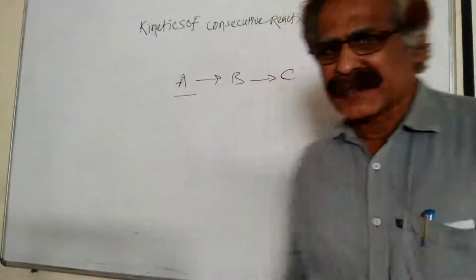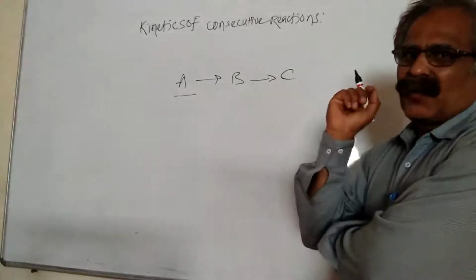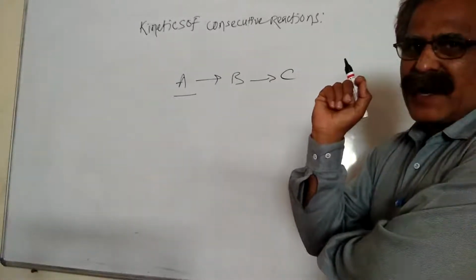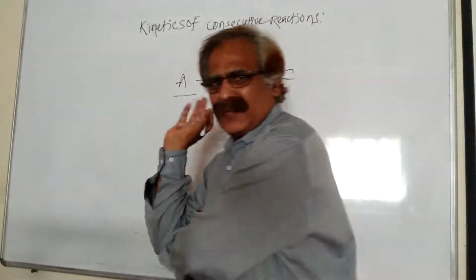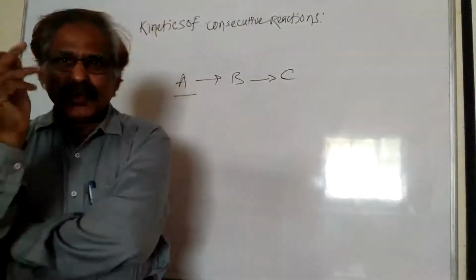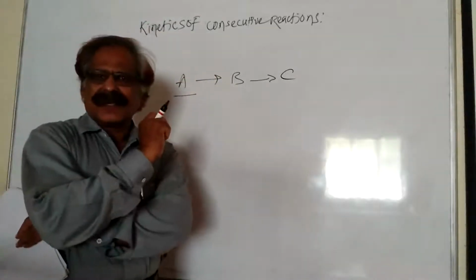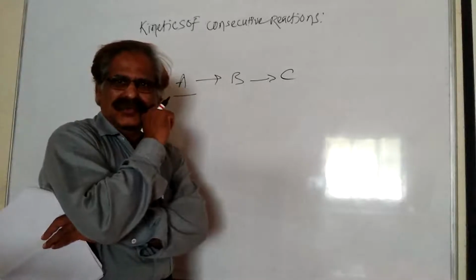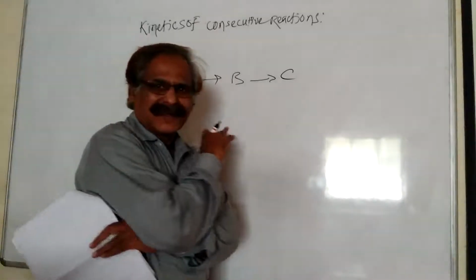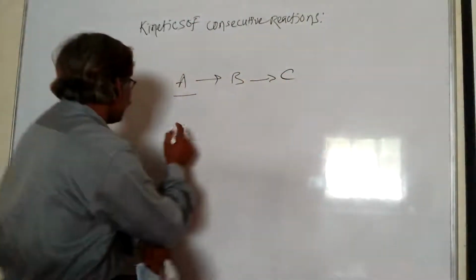So the chemical reaction in this particular case involves the conversion of A into C, and this conversion occurs in two stages. In first stage, A is converted into B, and in second stage, B is converted into C. So, in short, this chemical reaction involves two stages.